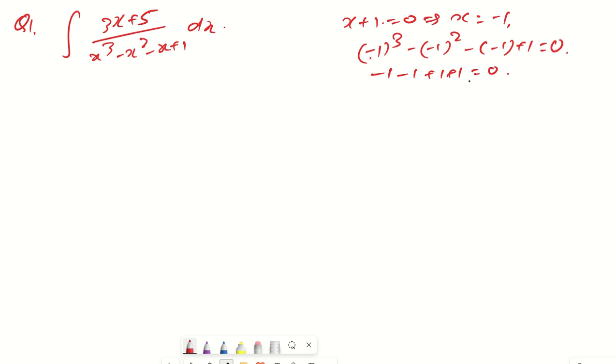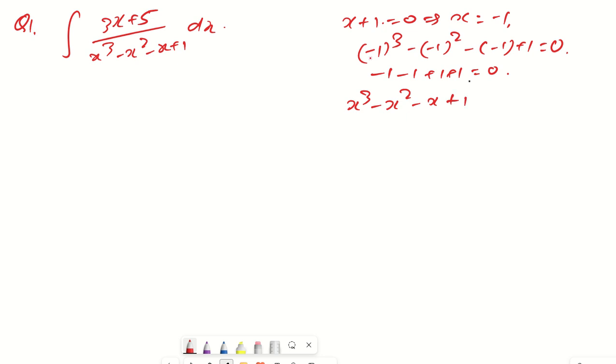The remaining factor can be found out by the long division method or other methods that you know. You can do it very quickly. Our aim is to factorise x cube minus x square minus x plus 1.